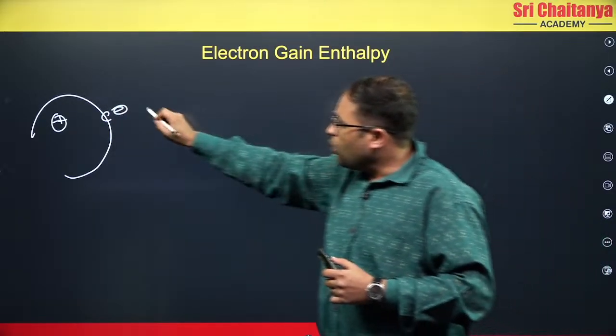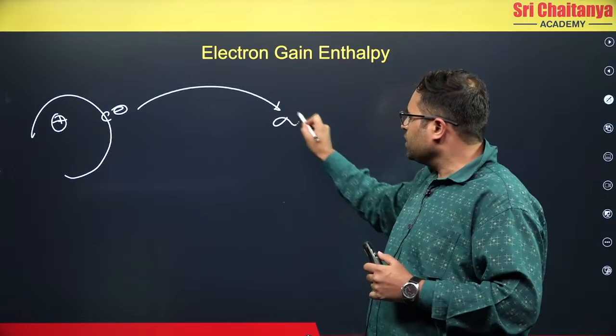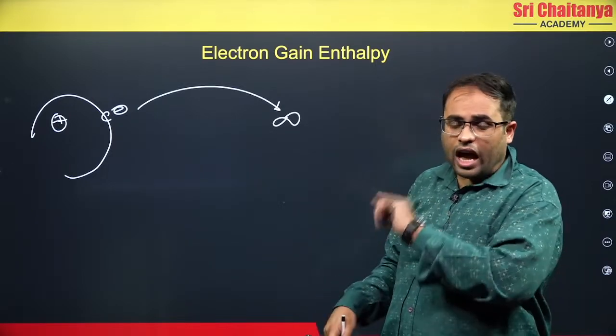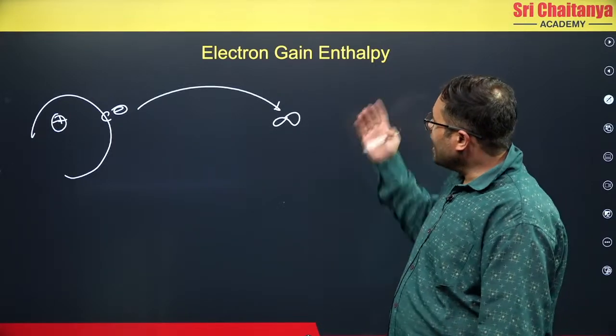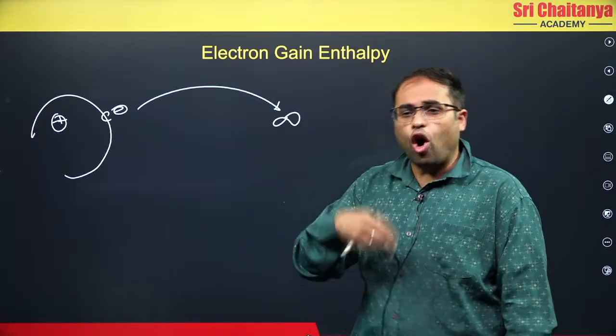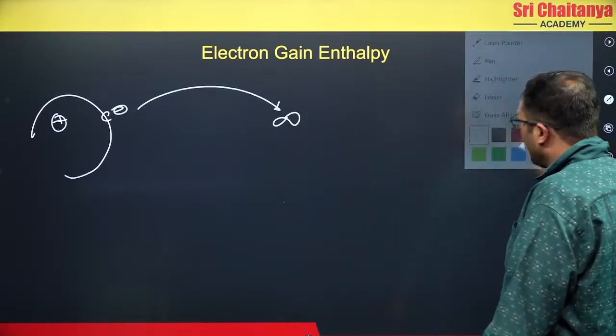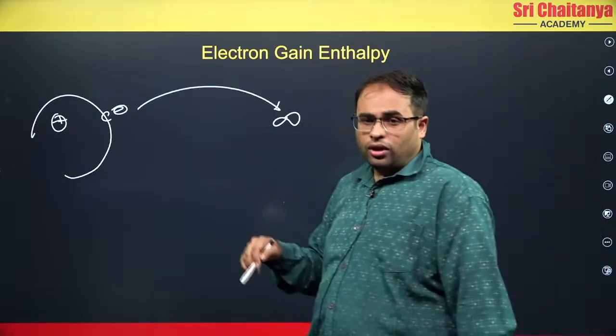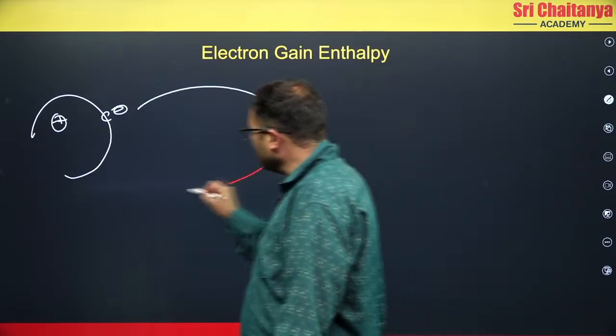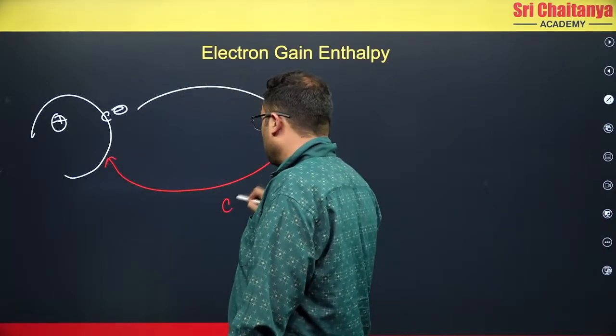Where am I removing this electron to? Infinity. This was ionization. What is electron gain enthalpy? The opposite of this. Now what I am doing is putting the electron back from infinity to the valence shell.